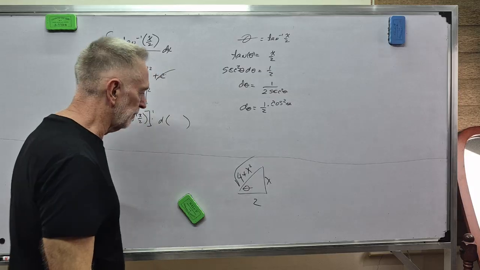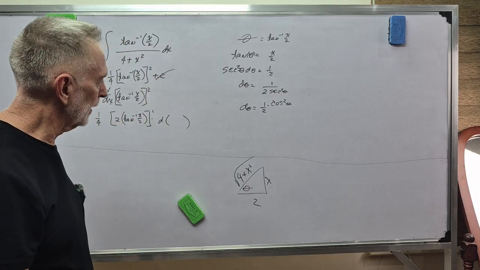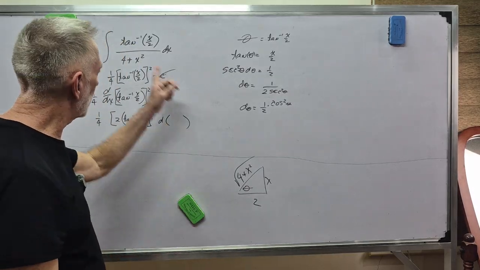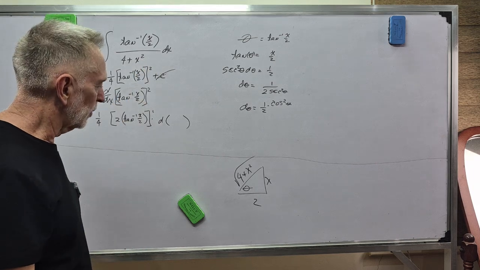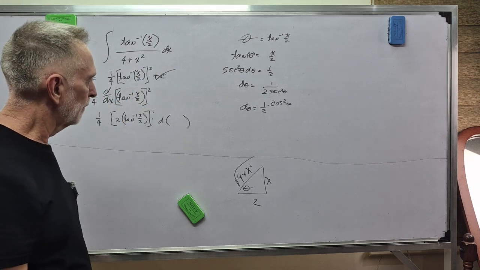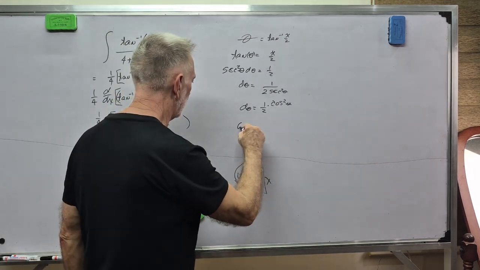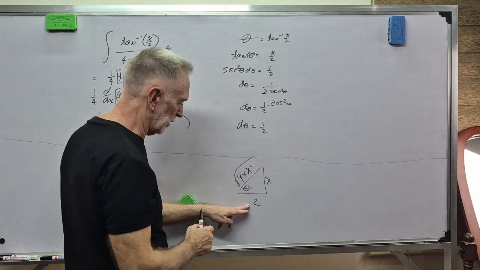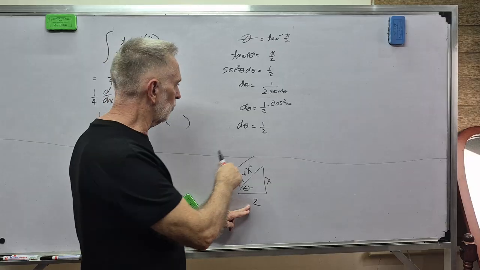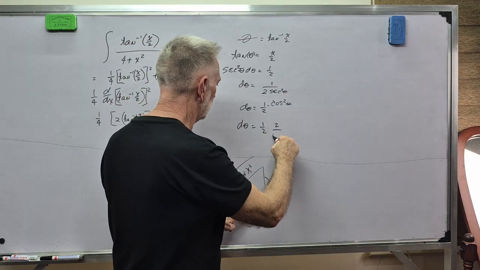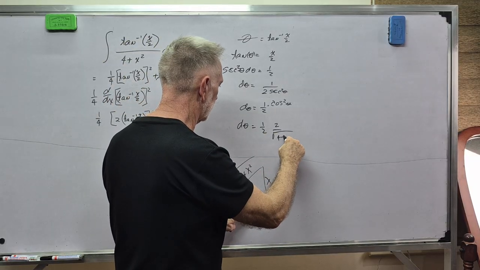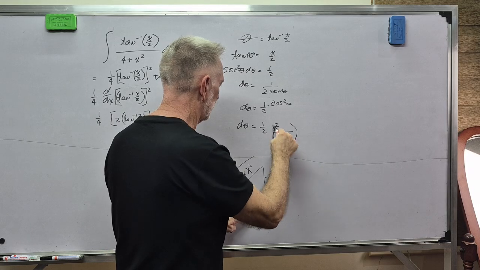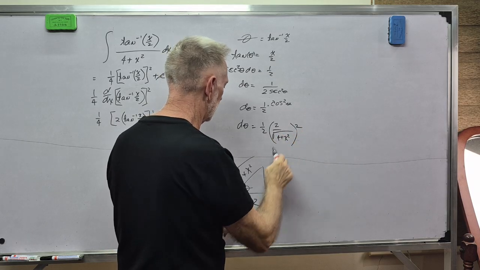That has some promise because we have that term up here in the denominator. So d theta equals 1/2 times cosine, which is adjacent over hypotenuse, 2 over the square root of 4 plus x squared, but that's squared.